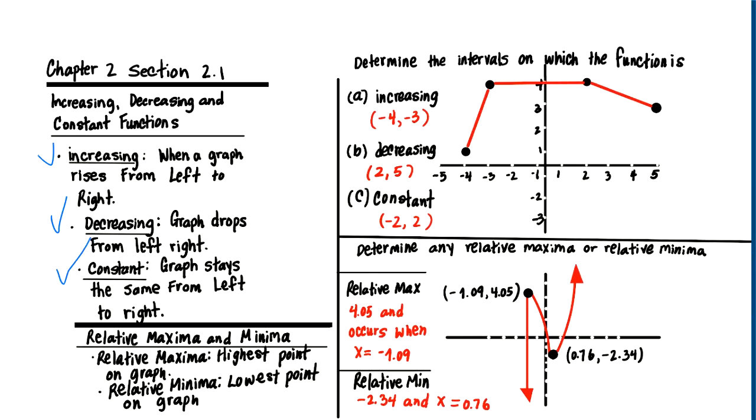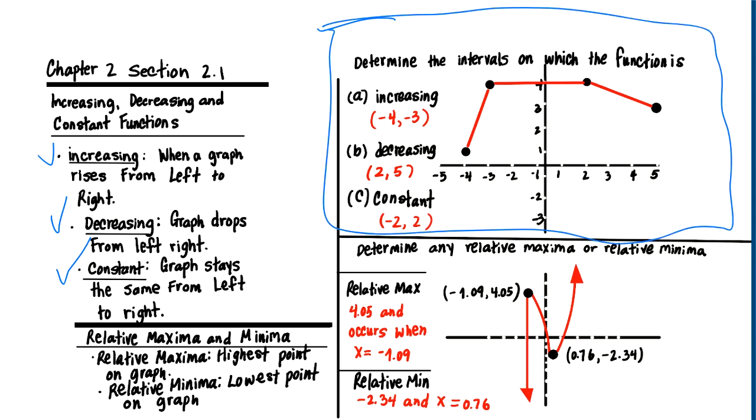And if you look here on the right side of this graph, they want us to determine the intervals on which the function is increasing, decreasing, and constant. And you always have to start on the left side of the graph. When you go to your first x, my first x is at -4. And the graph increases from -4 to -3.